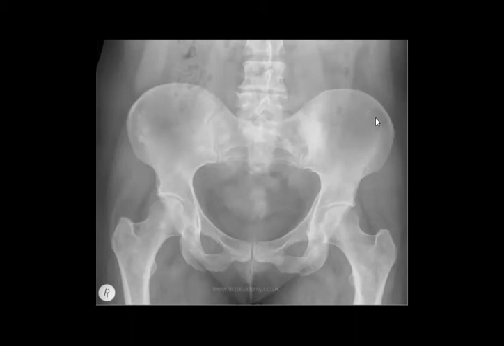So what is your differential? You will check for a normal variant. Maybe metastasis. Check first if you have any surgical stippling here or any surgical clips, or even radiotherapy marks. If you don't have anything for prostate, that may make you think about the primary, or if she is a lady, you are thinking about something related to breast, or any primary that gives sclerotic metastasis as the first diagnosis.